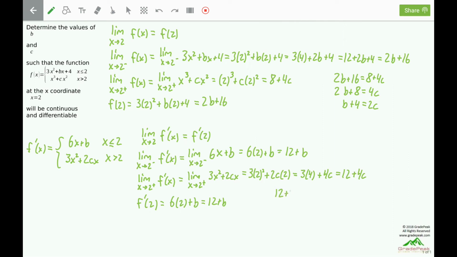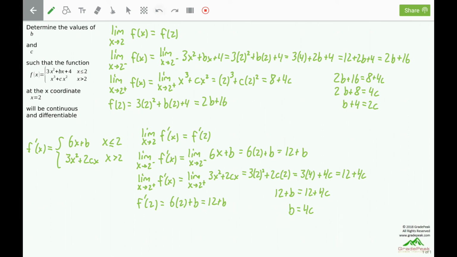So we need the 12 plus b and the 12 plus 4c to be the same thing. We can subtract the 12 from both sides, and we have that b equals 4c. And that gives us two equations to work with here. We want to simultaneously solve those.